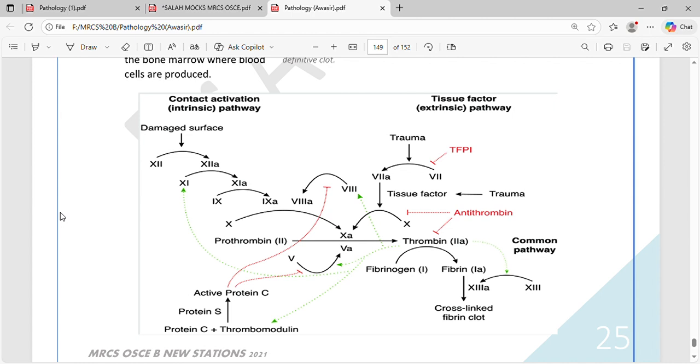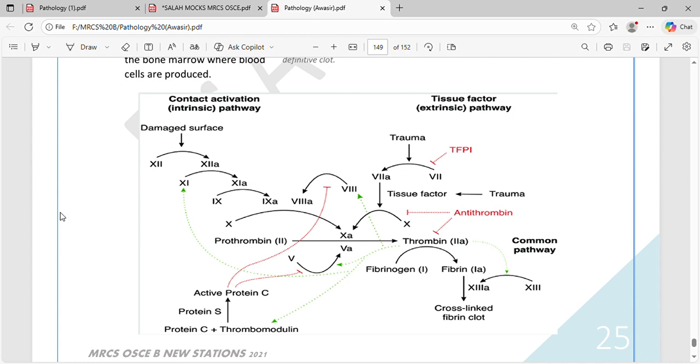What happens in the common pathway? We have prothrombin, which is factor 2 actually. This is converted into thrombin, activated factor 2, by activated factor 10 and activated factor 5. The thrombin then converts fibrinogen, which is factor 1, into fibrin, and the cross-linked fibrin clot traps the blood cells and different other factors, and they form a stable clot.